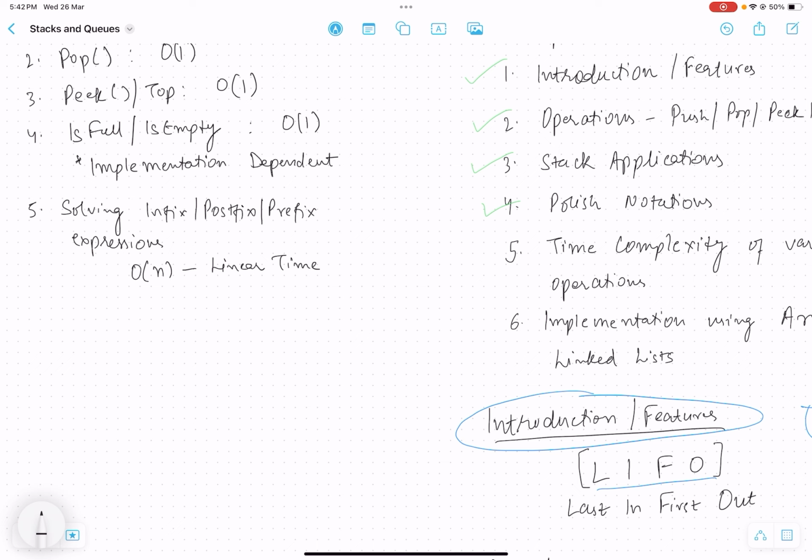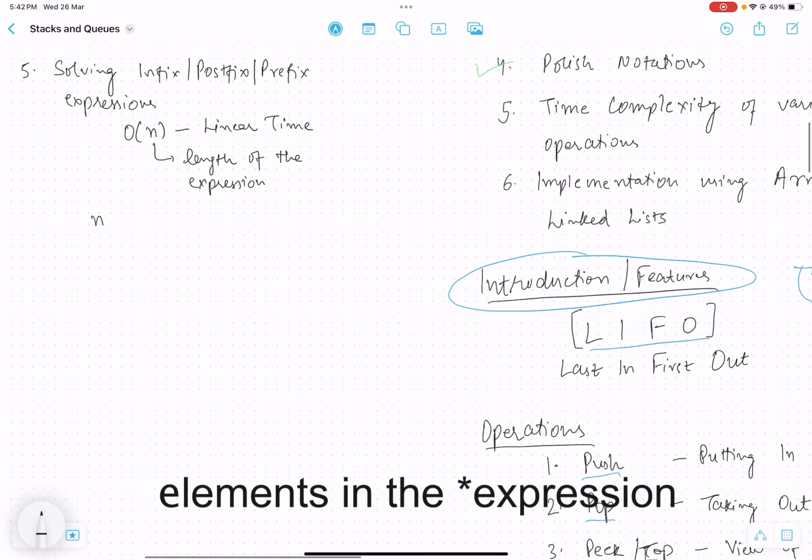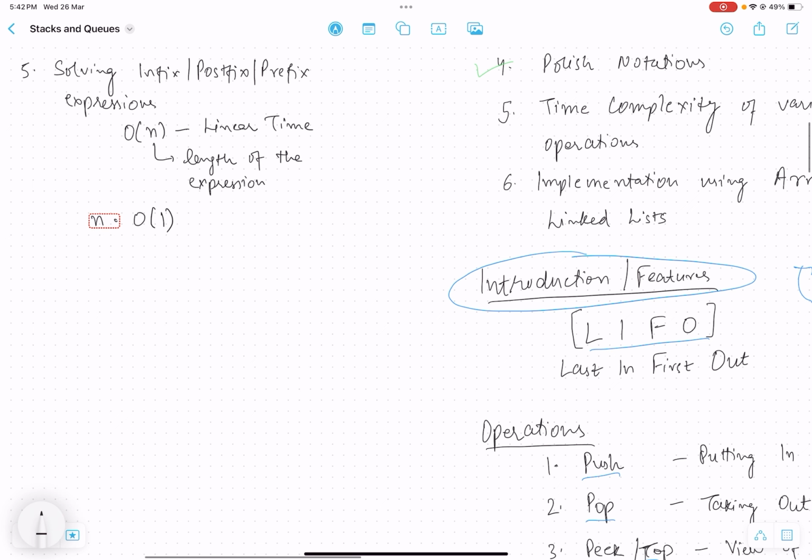And why is it linear time? So here n denotes the length of the expression, right? So if n is the number of elements, for each element we are going to perform some operation on the stack, and each operation is going to take constant time. So it would be O(n).